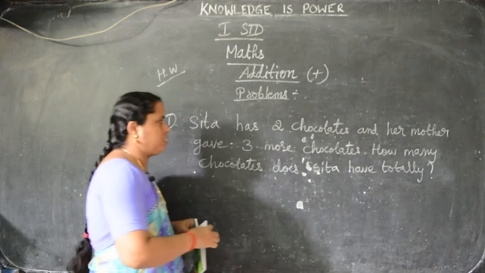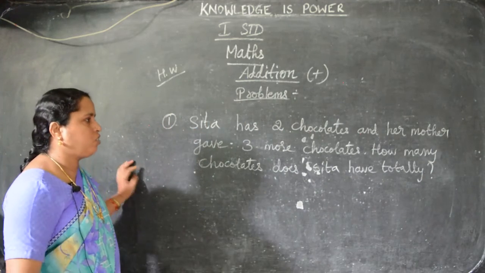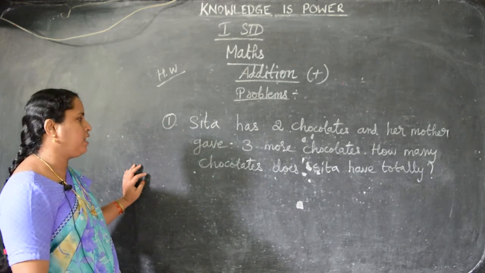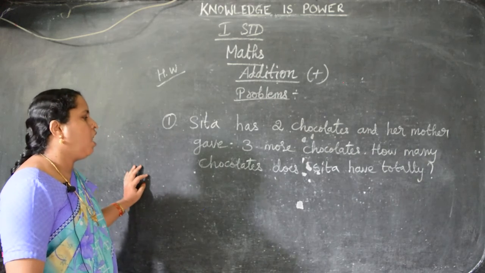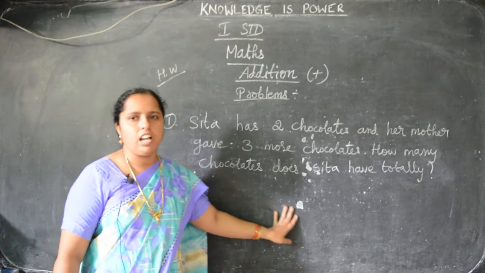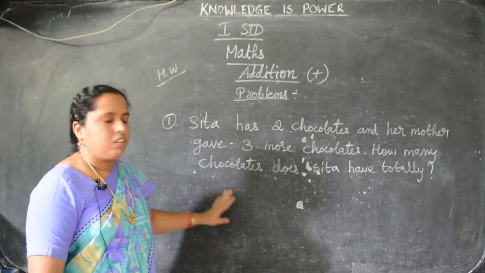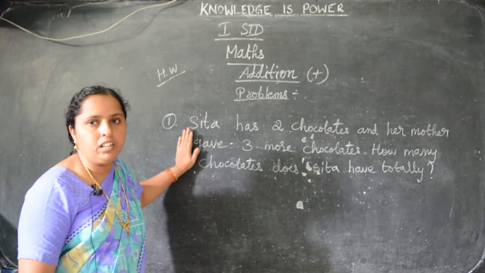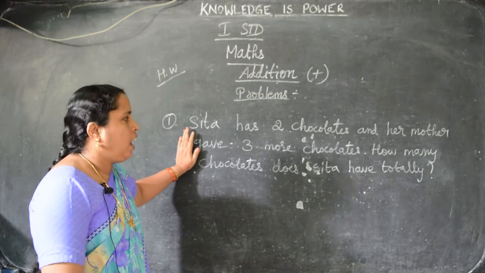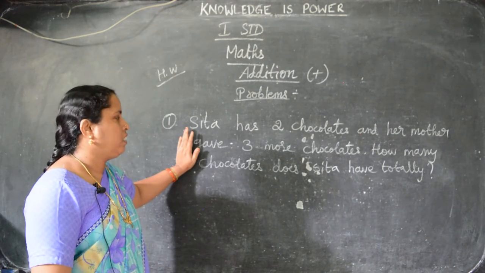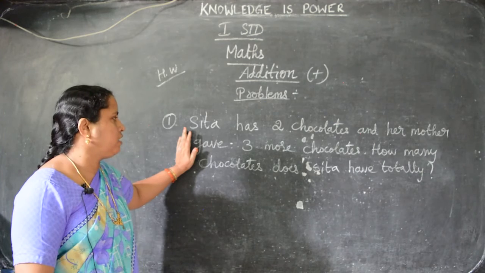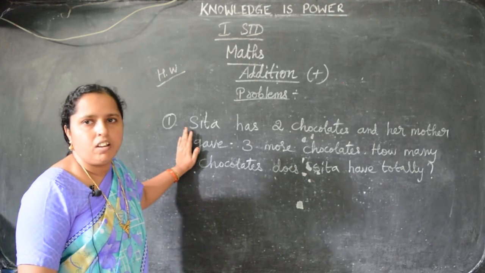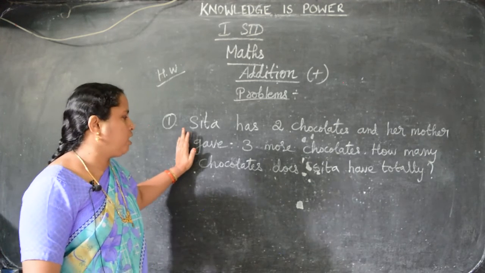Yes, this is the question. Sita has 2 chocolates and her mother gave 3 more chocolates. How many chocolates does Sita have totally? First, already Sita is having 2 chocolates and her mother, how many chocolates is she giving? She is giving 3 chocolates. Finally, how many chocolates does Sita have?